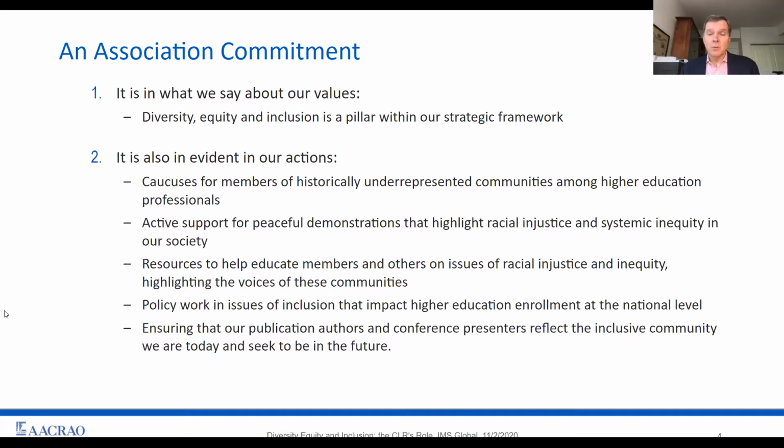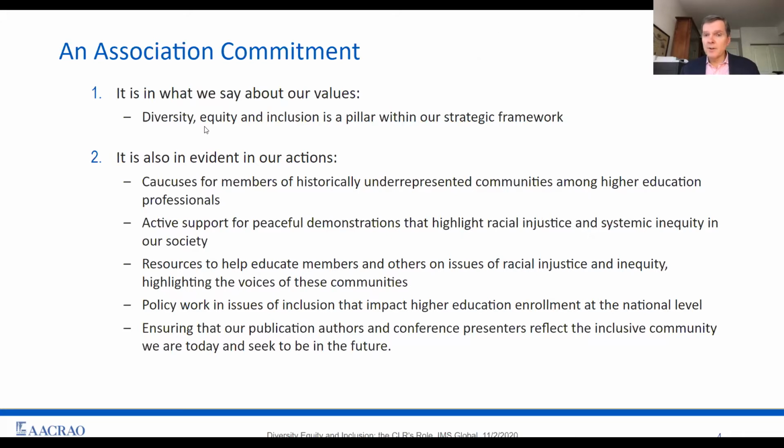AACRAO, which is the American Association of Collegiate Registrars and Admissions Officers, has about 11,000 members, mostly in the United States. Most colleges and universities are members of the association. And we have some fundamental pillars about diversity, equity, and inclusion that are very important to us. First of all, it's one of our strategic initiatives. It's one of the pillars of our strategic plan. But we also have a lot of evidence in the actions that we take.